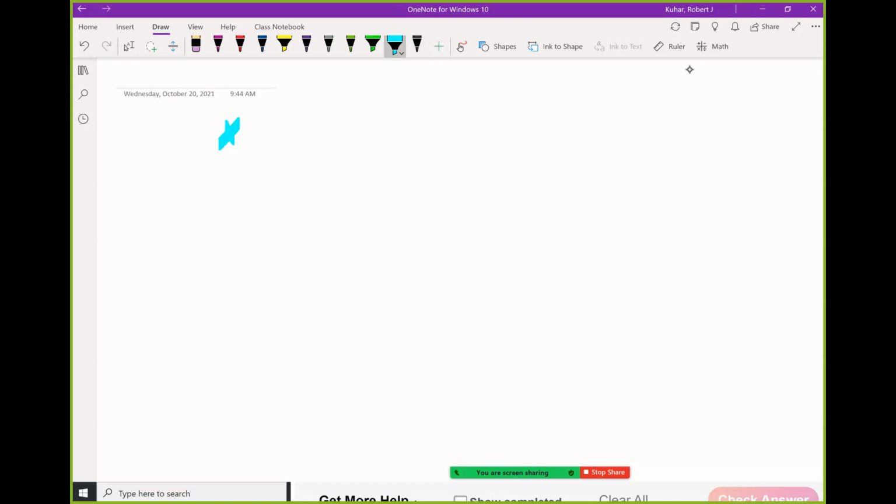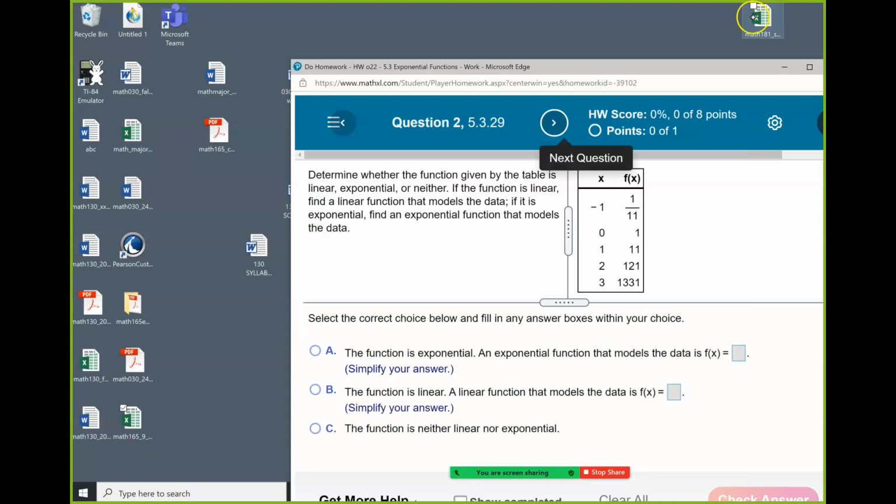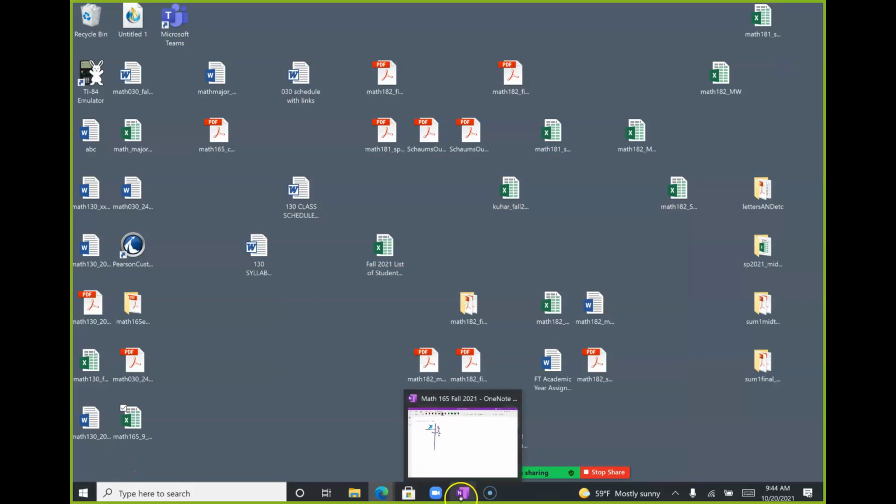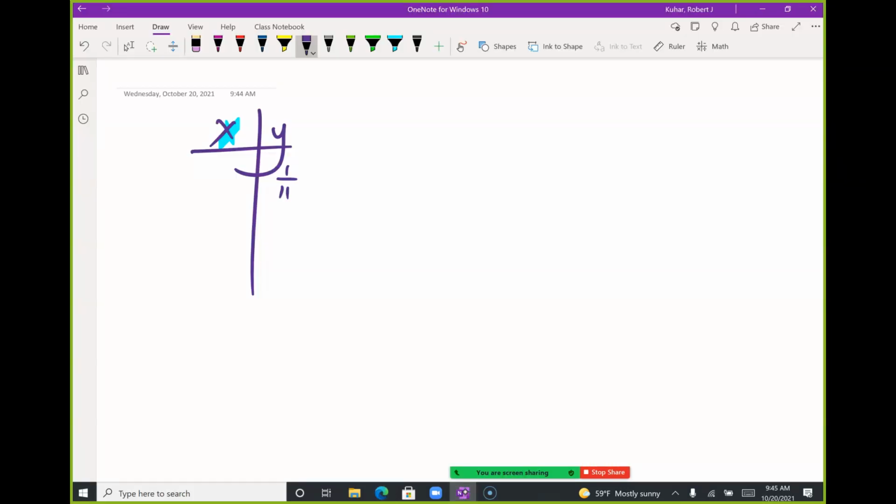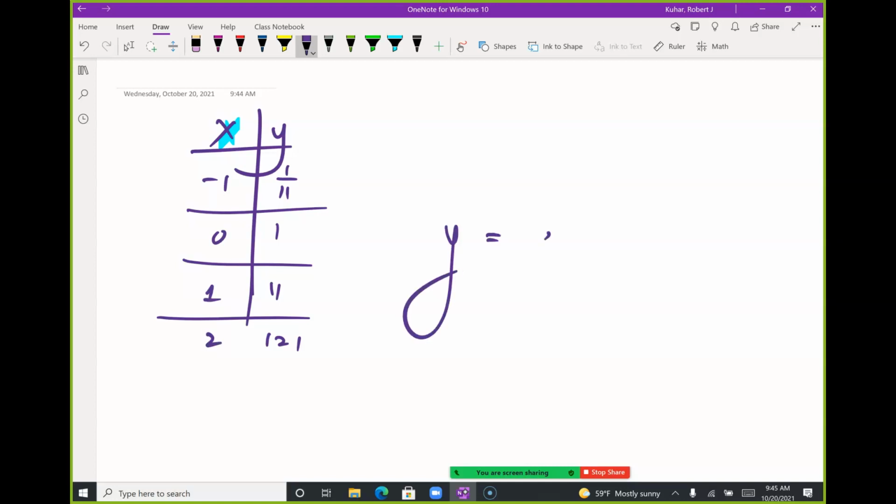Let's see, I had an x and y, and I had 1 over 11. I forget already, was it 1? Yep, 1, and then 11, and then 121. I have to figure out y equals c times a to the x.